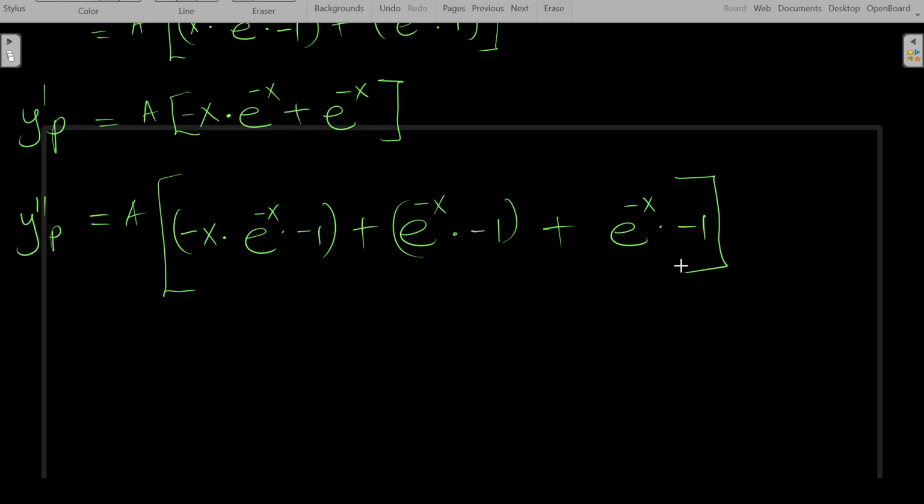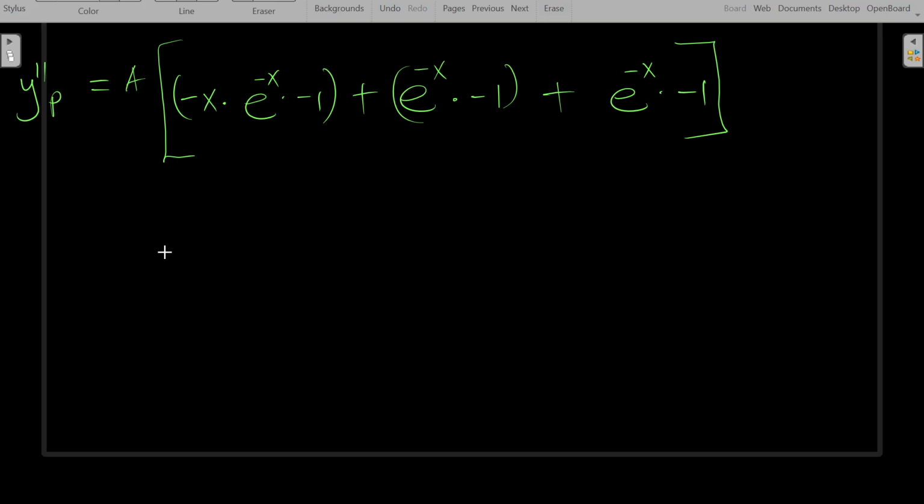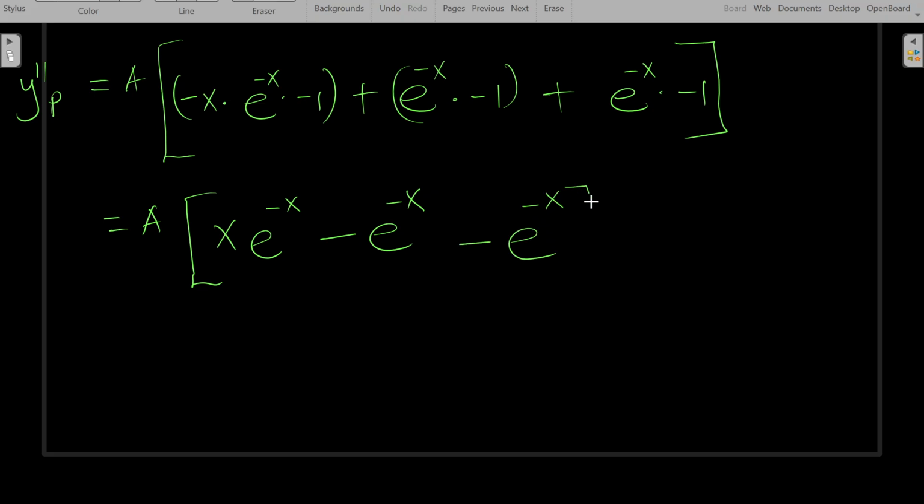So that's the whole expression. It will be equal to a into, let's clean this a bit, x e raised to negative x. Then this negative will open this, so it will be negative e raised to negative x. And again, this negative will open this, negative e raised to negative x.